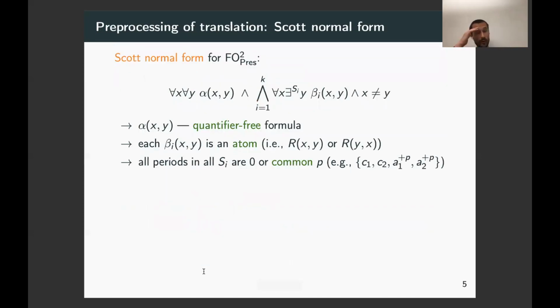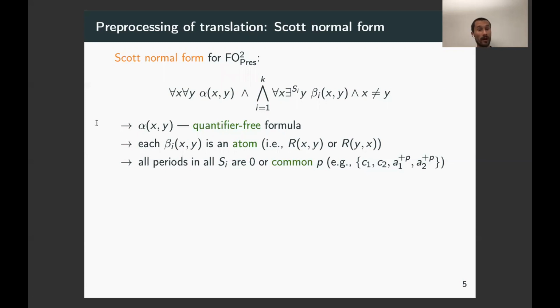Right. So how do we do our translation? What are the main steps? The first preprocessing step is translation to Scott normal form. This is a very standard preprocessing for logic with counting. Of course, it has a few specific things because of the logic we consider, but the main ideas are standard.